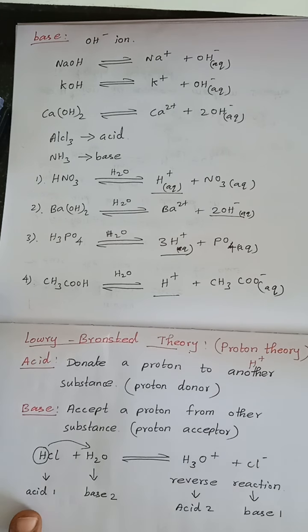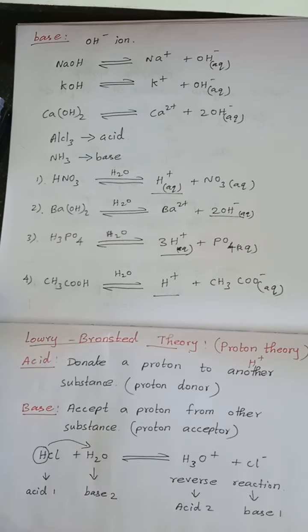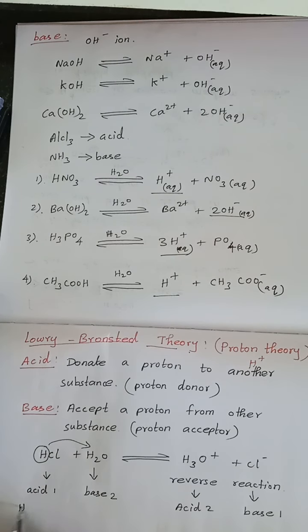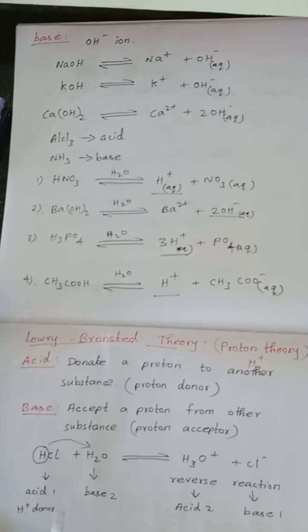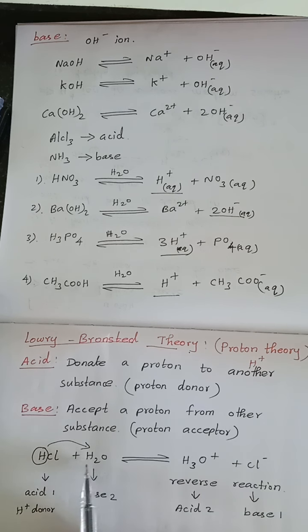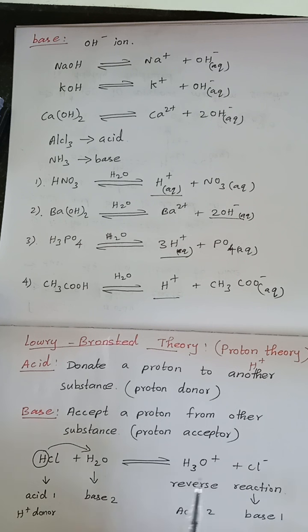In acid 1, acid means proton donor, forming acid 2. Acid 1 is the proton donor. The water molecule is the base that accepts a proton to form acid 2, the hydronium ion.